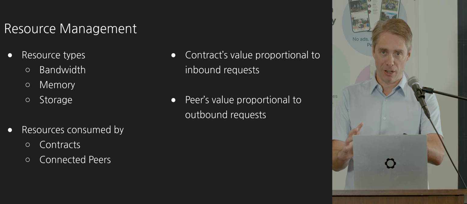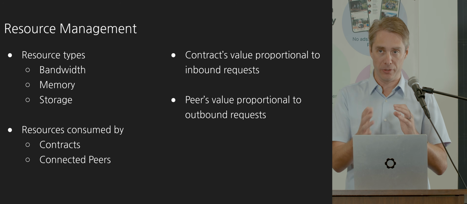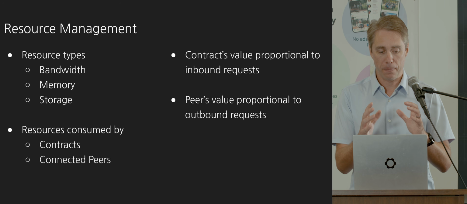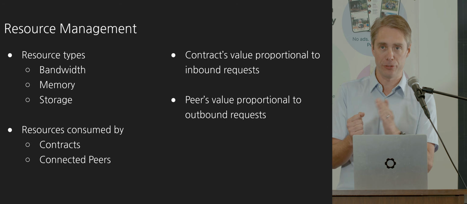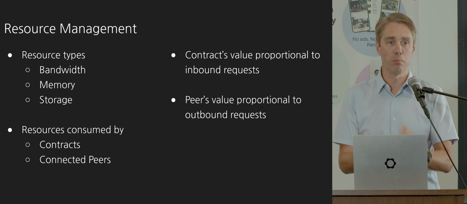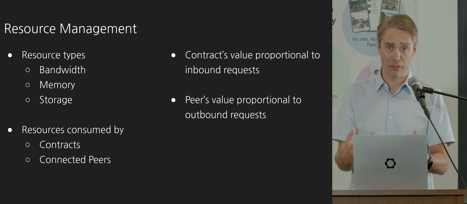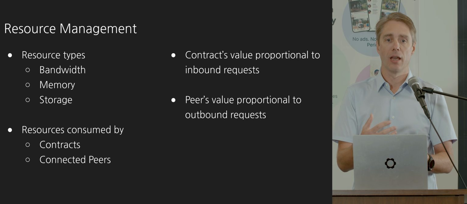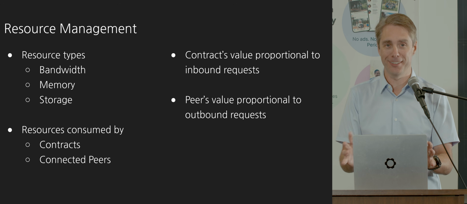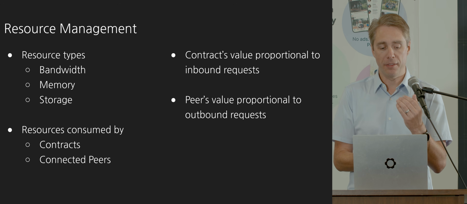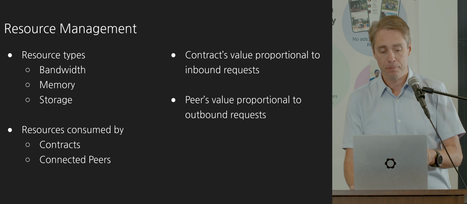But because of the other mechanism where a node is always trying to route requests to the peer that is most likely to respond quickly, if a peer is responding slowly, or if it's not able to find the data at all, then your peer will simply stop routing requests to it.